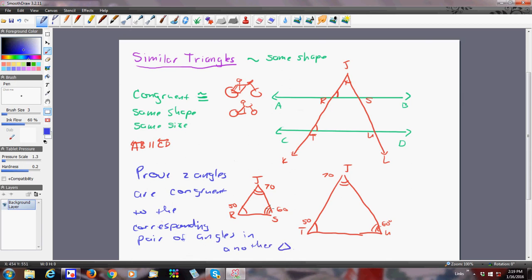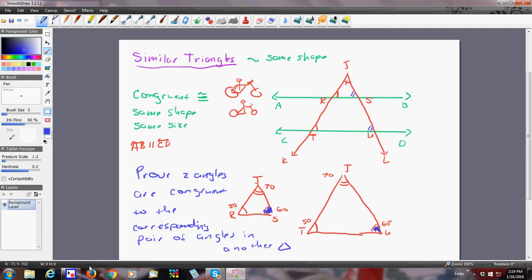And the third angle is given to you for free. This angle, we didn't prove anything about that angle, and it was given to us for free. By the way, we could have proved it because, take a look, this angle is also congruent to this angle because of corresponding angles, because of parallel lines and the transversal. So that's all there is to that.